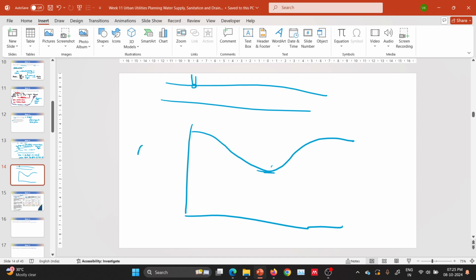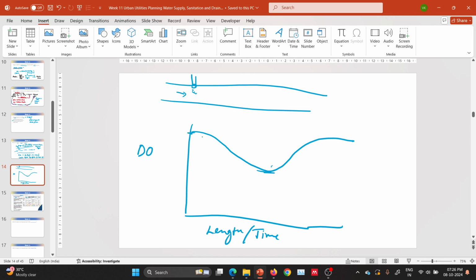This is the DO, this is with length or time. In some books you may find that after mixing this may take some time. There is some lag here because the water from back will come and this curve will start after some time like this.